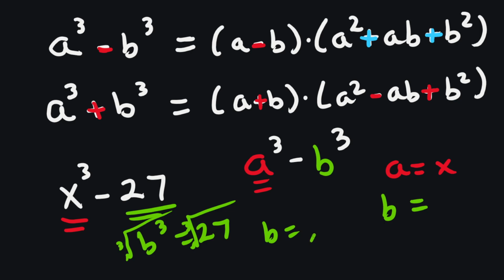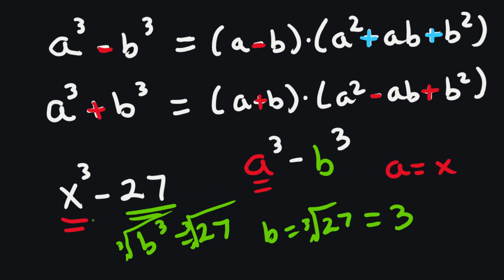So b equals the cube root of 27. And what's the cube root of 27? In other words, what number to the power of 3 gives you 27? And that happens to be 3. So the third root of 27 is 3. Therefore, our b is 3 in this case.